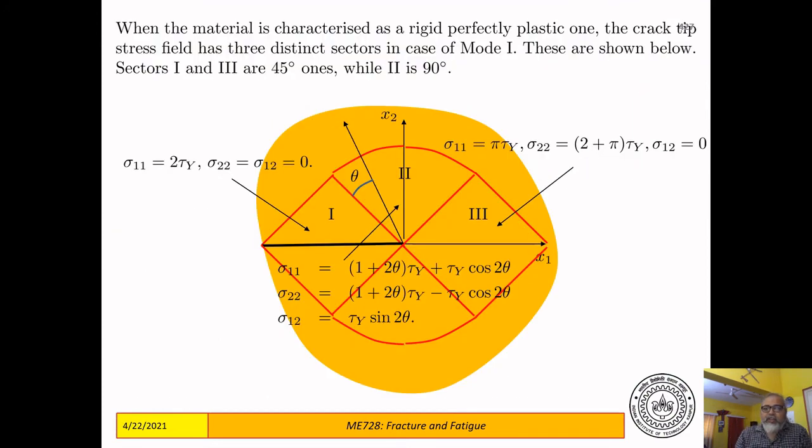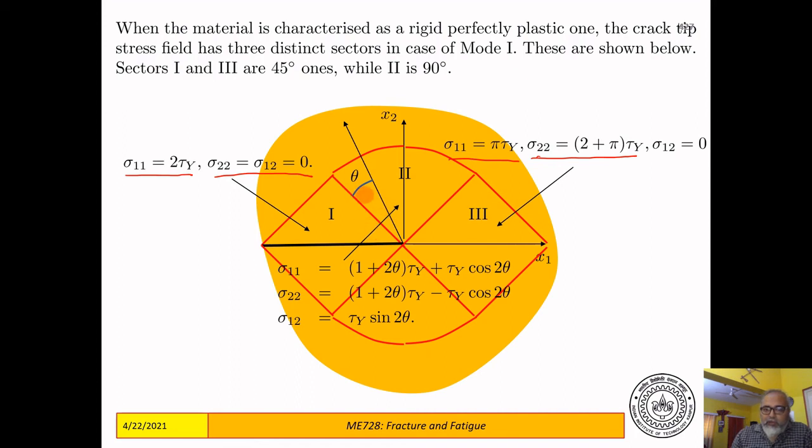It's shown here. There are three regions in front of the crack tip. In this region, this is the rigid region, sigma 11 is 2 tau y, sigma 22 and sigma 12 are 0 in this region, just behind the crack tip. In this region, this is another rigid region. Sigma 11 as we have found, sigma 22 as we have found is this, sigma 11 is this, and sigma 12 is equal to 0. That's the rigid region.